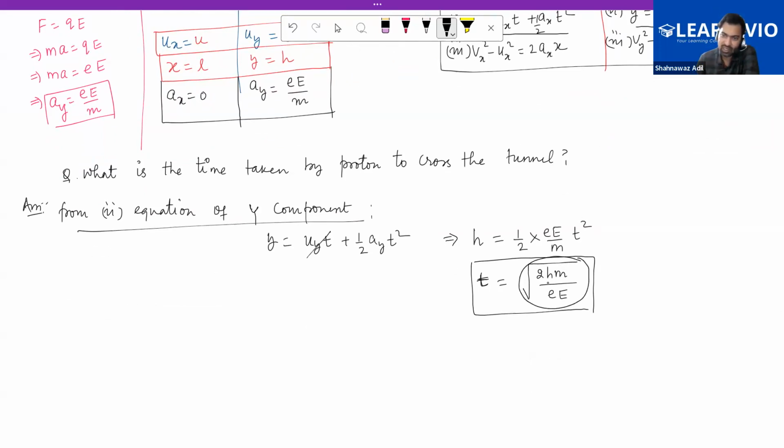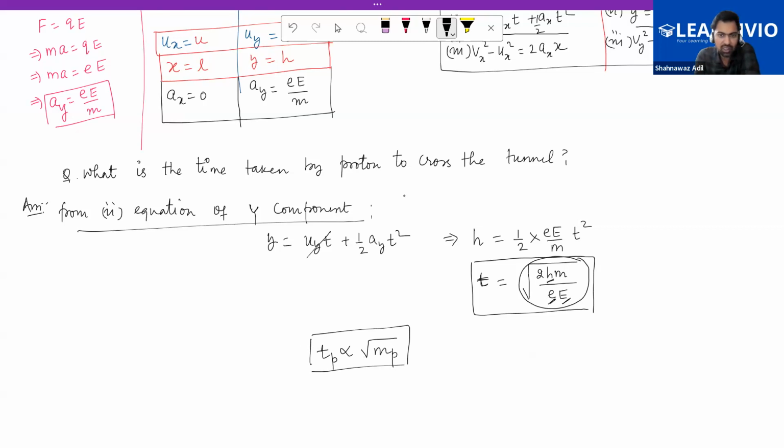This h is constant, this e is constant, this E is constant. So T is directly proportional to root of M, where T is the time taken by the proton and M is the mass of the proton. So this is dependent upon the mass of the proton.